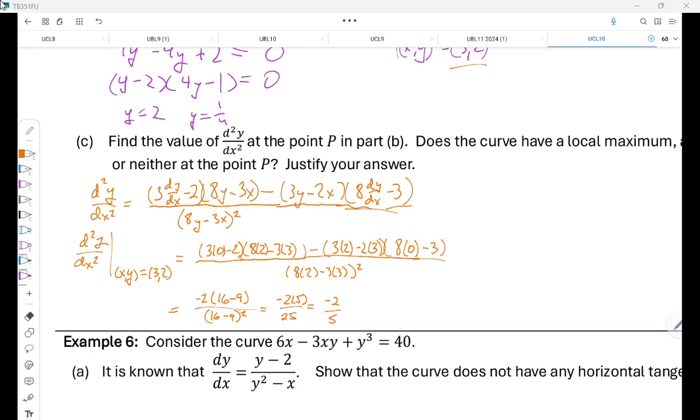You can cancel the 5 and the 20. Honestly, any one of these three answers is fine. The only thing you need for the rest of this problem is to know whether that thing is positive or negative. I got from here to here by just simplifying the fraction 5/25.